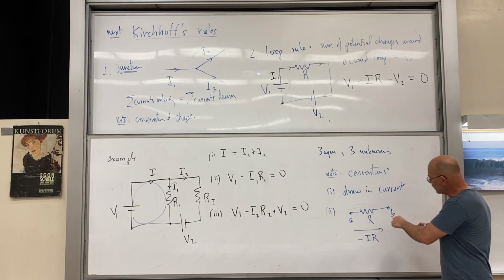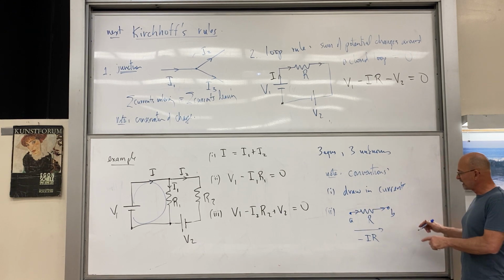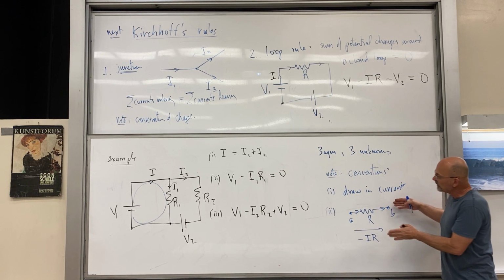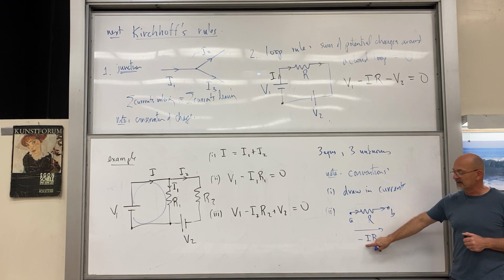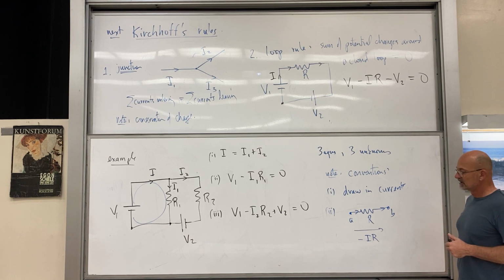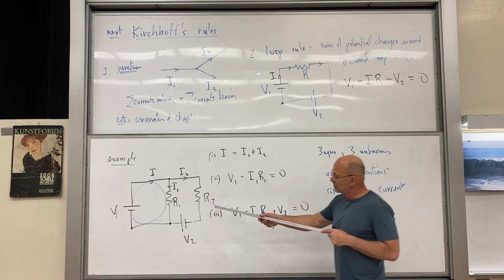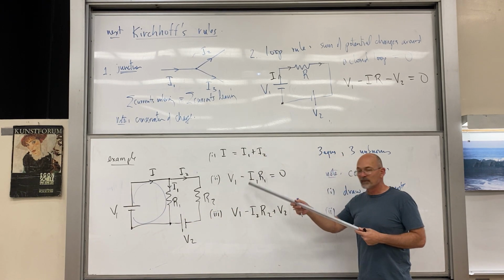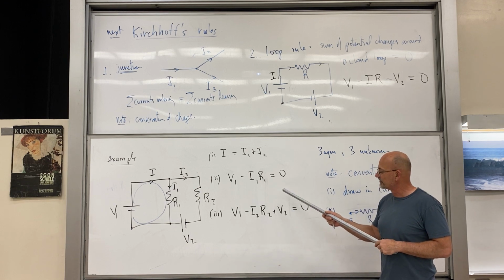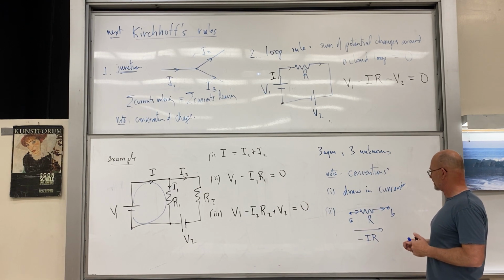But if your current direction was here, and you do your loop in the opposite direction, then you have to give a plus IR. That's important. Trivially, we could just reverse the directions of our loops and we'd get minus signs everywhere we have plus signs, and vice versa. So that would work.